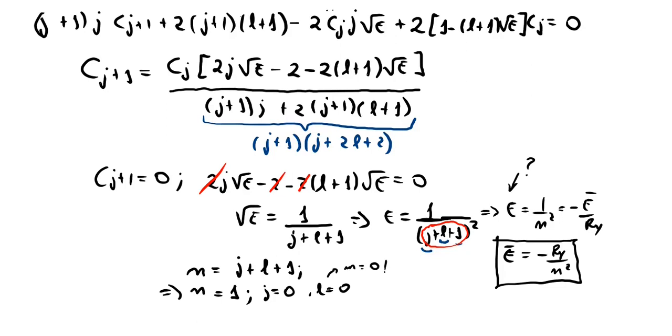So there are now several rules here. If I make n equal to 2, then there will be another rule here. Either j is equal to 1, then I have a first order polynomial, I still have an R function there, but L has to be equal to 0, or I can have j equal to 0, then I have a 0 order polynomial, just a constant, and L is equal to 1.